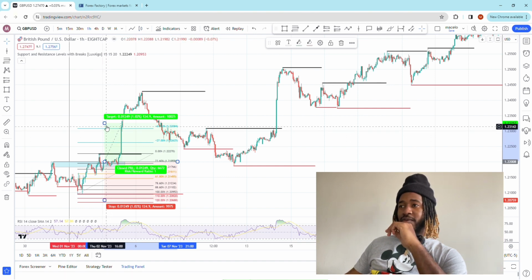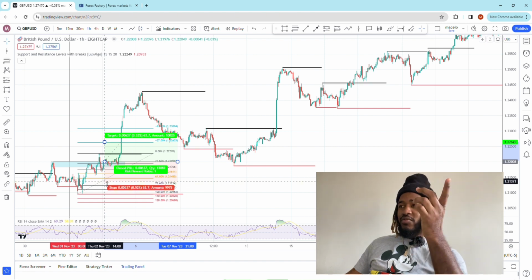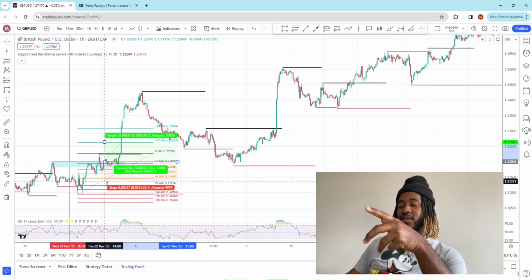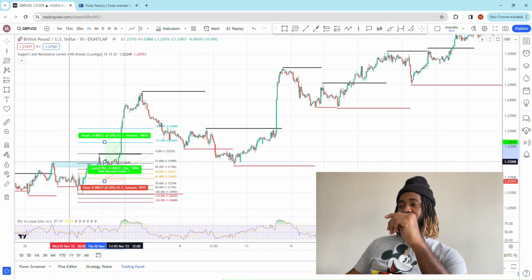My TP would have gone to the TP negative 27 right there. My stops would have gone below, depending on my stop loss and depending on my take profit, it would have to go to a 1-to-1. I don't usually put it higher or lower than 1-to-1.